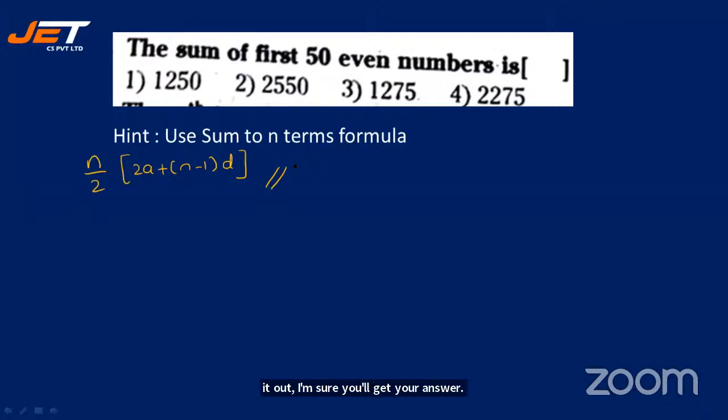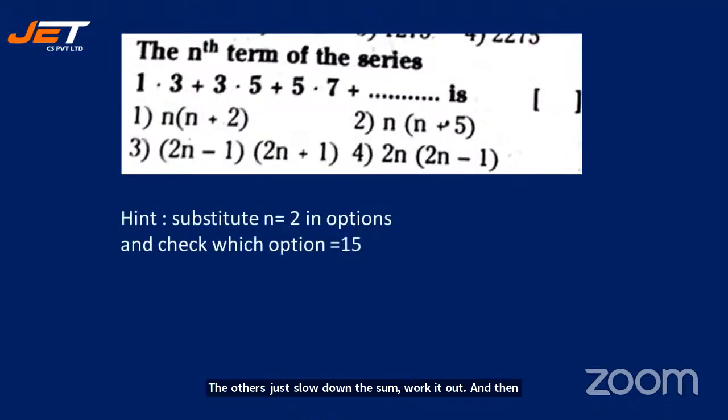Vishwant, you're right. All right. Yes. Let's see. It is 2,550. Those who are getting the answer, it's good. Others, just note down the sum, work it out, and then check your answers. All right? Yes. See the next question.